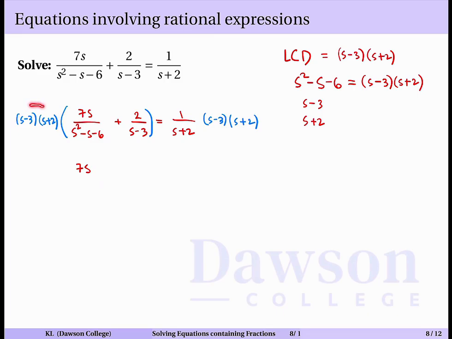On the other hand, if we distribute this over this part, the s minus 3 will cancel this s minus 3, which means we have plus 2 times (s plus 2). On the right hand side, s plus 2 will cancel this s plus 2, so we will have s minus 3.